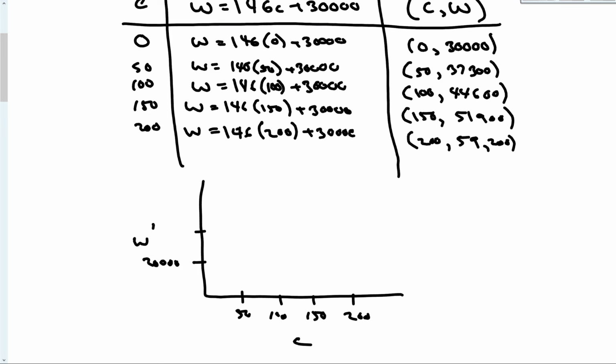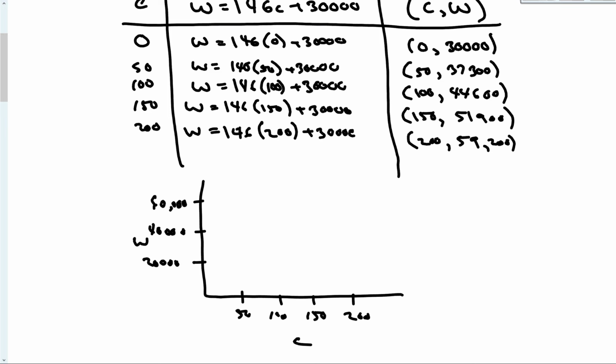Again, you want to keep these the same. So I'm going to go up by 20,000 on the y-axis and up by 50 on the x-axis. You can set each axis to do whatever you want. It will affect the picture that you get, but the data is still going to be the same.